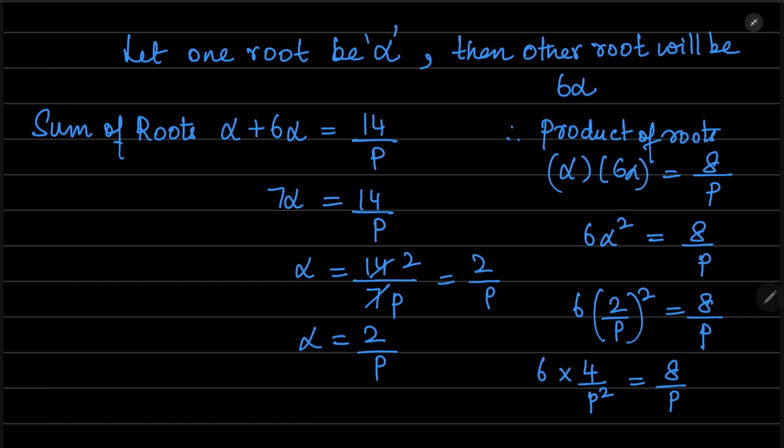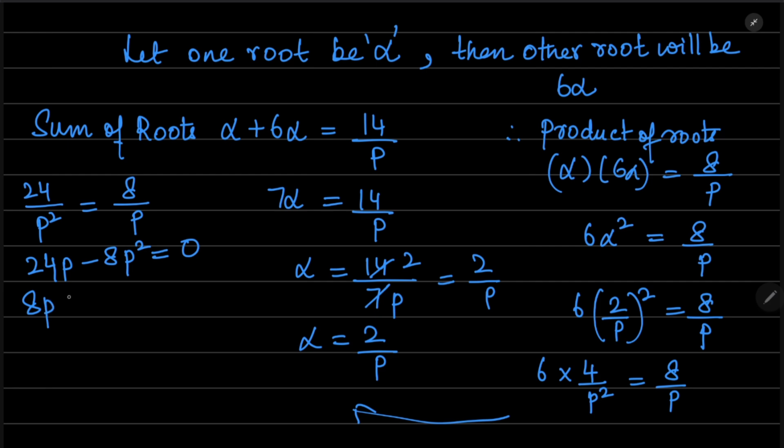Let me do it here. So, you'll have 24, and I'm doing it here, okay? So, 24 by p square is equal to 8 by p, right? So, cross multiply, you'll be getting 24p minus 8p square is equal to 0.